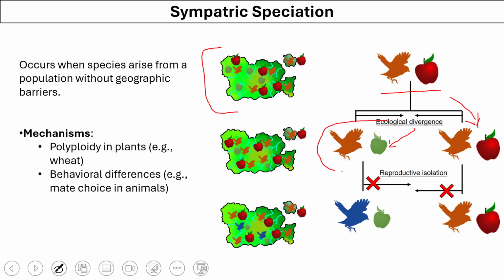So now the organisms which have changed their behavior will become so different that they can no longer breed with the parent species. This kind of speciation can arise from certain genetic changes such as polyploidy in plants, or some behavioral changes. That means the mating behavior or the feeding behavior of one small cluster of organisms changes, and that ends up building so much difference from the parent population that they can no longer interact or breed with them.